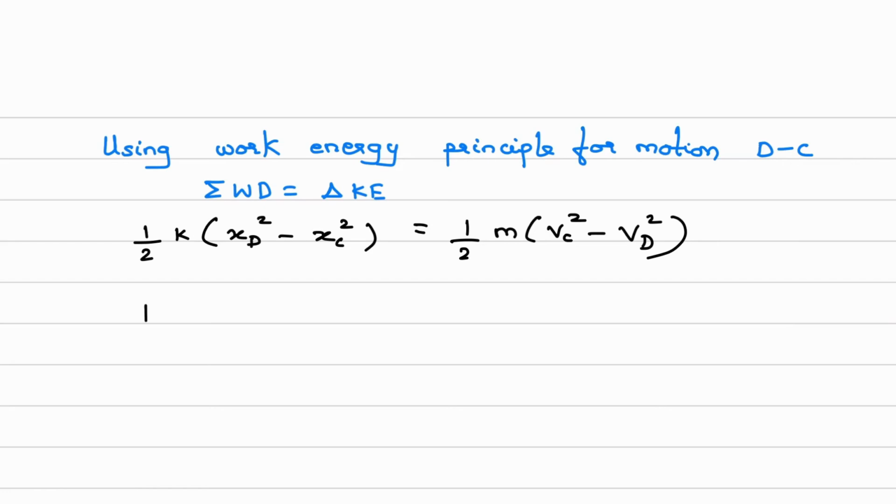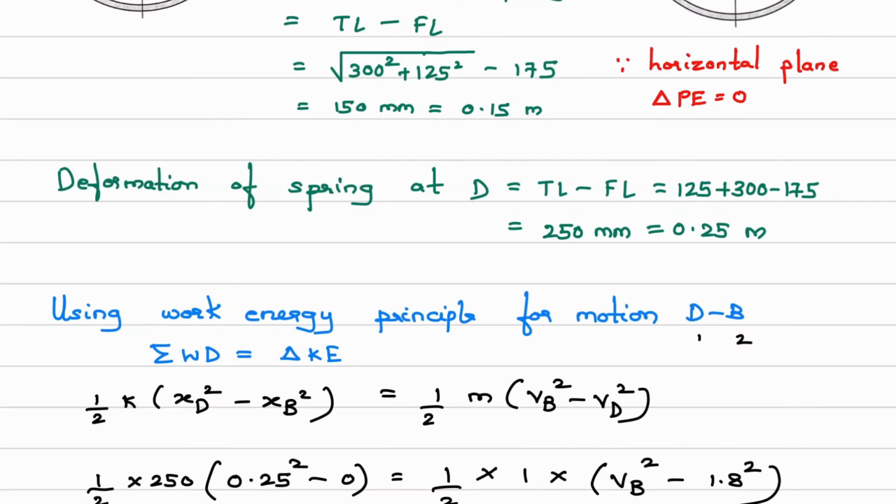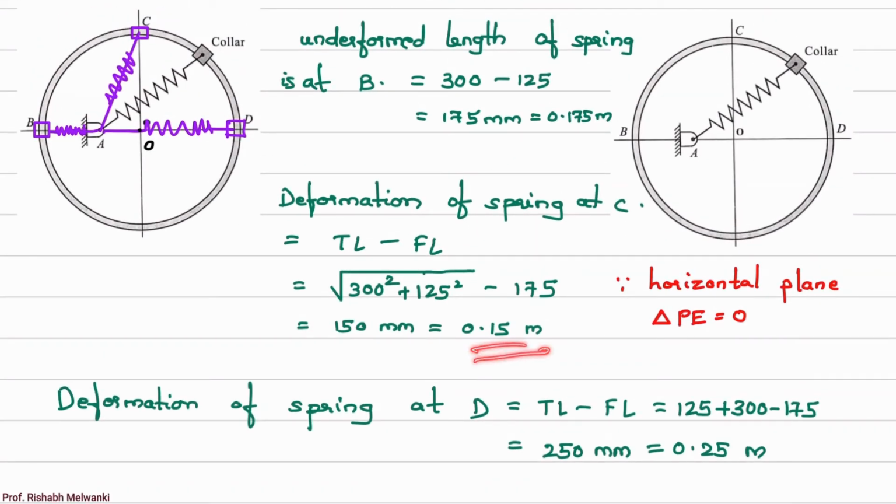Okay, so half K value is 250 Newton per meter and xd value, okay, we have to see that value now. xd is 0.25 and xc value, it is 0.15.